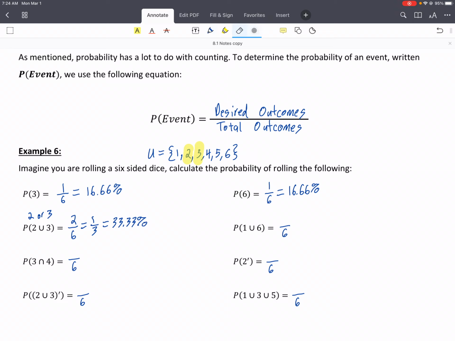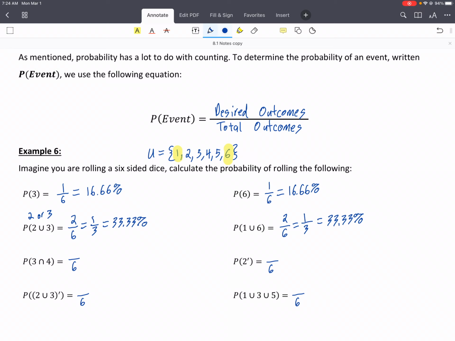Alright, so that's how we're doing this, counting up the total, counting up our desired, and then seeing what we get. So 1 or a 6, we can roll a 1, which gives us one possibility. 6, which gives us 2, so again it's 2 out of 6. We get 1/3, which is 33.33%.